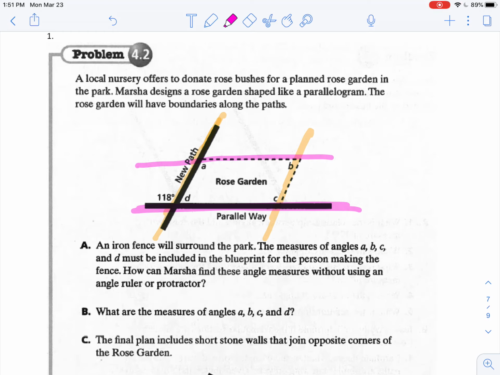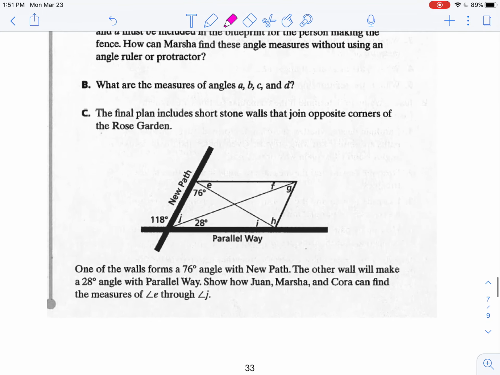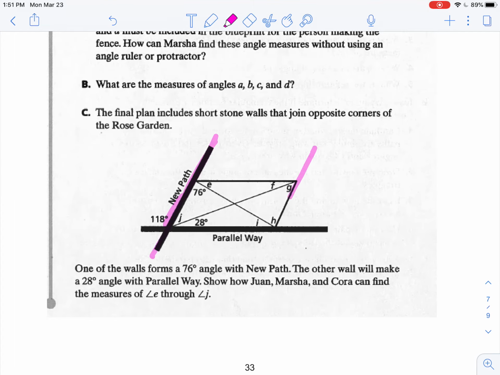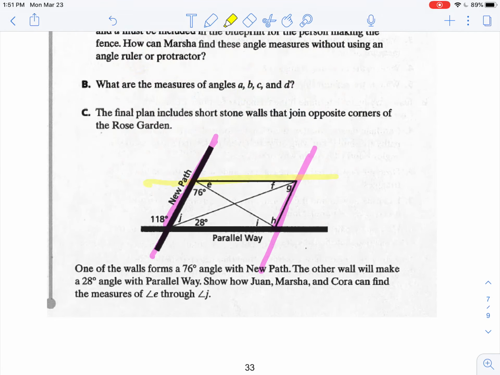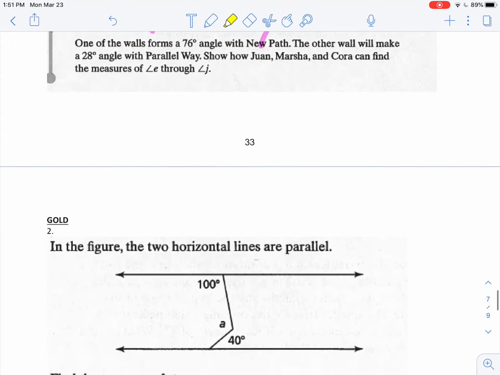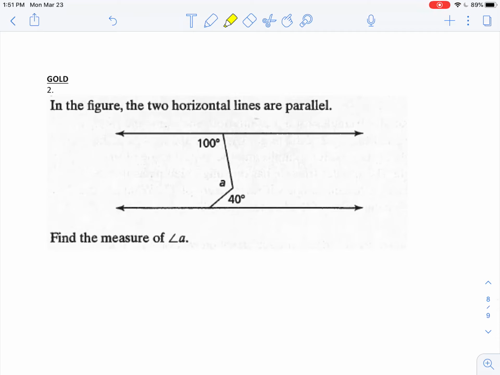So you have to use all that information right there to figure out what they're asking for. So look at it that way. We'll probably go over the gold before you actually correct it. And let's see, so then that would mean, of course, this would be the same kind of idea. Those would be parallel. And then these would be parallel. So that's my hint for the gold problems.